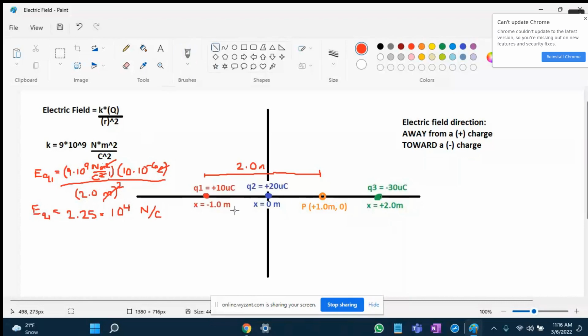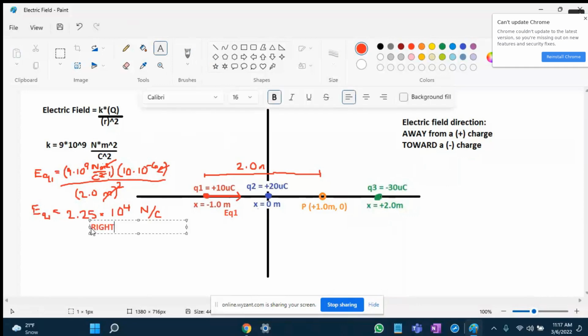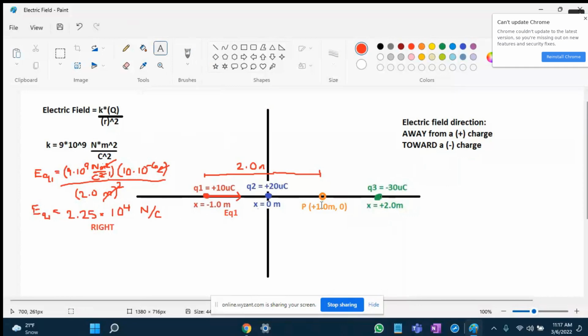Now let's find out the direction. The direction is always going to be away from the positive charge. So in this case, it would be directed to the right. So let's go ahead and draw that vector. I'm just going to write down EQ1. It's going to be directed to the right or away from the positive charge.